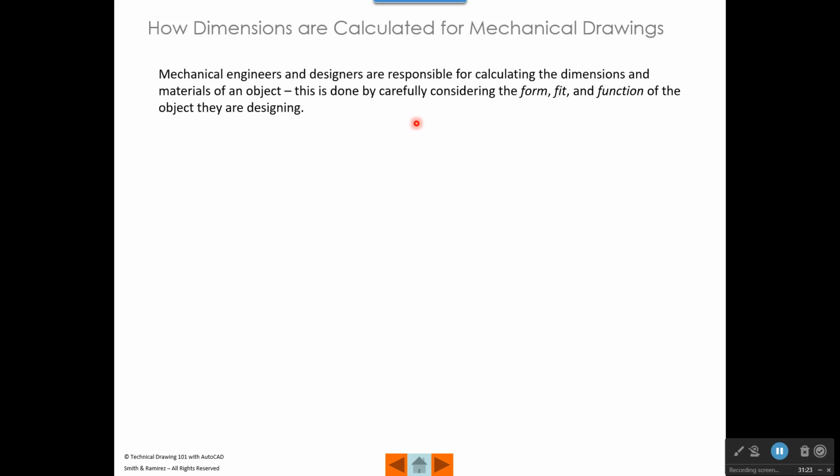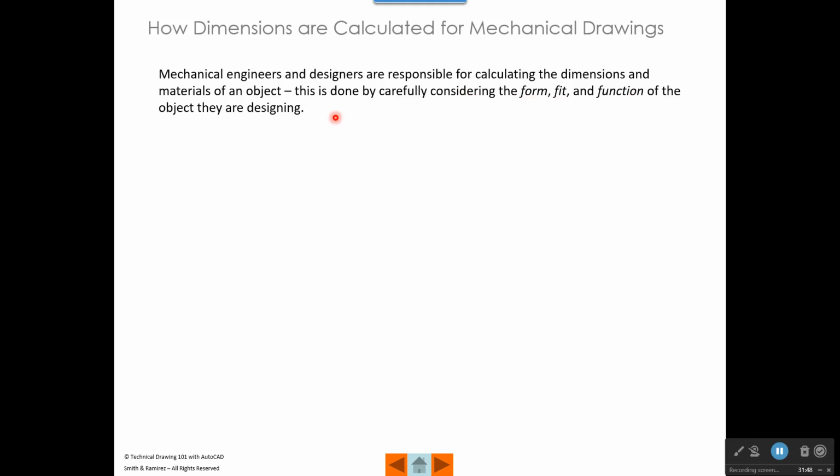How are dimensions calculated for machine and mechanical drawing? Well, mechanical engineers and designers are responsible for calculating the dimensions and the materials of an object. And when I say dimensions, I also mean their tolerances. They do this by carefully considering the form, the fit, and the function of the object they are designing.